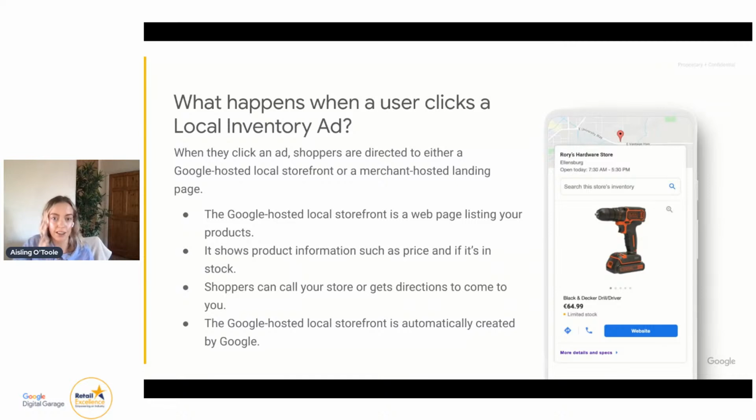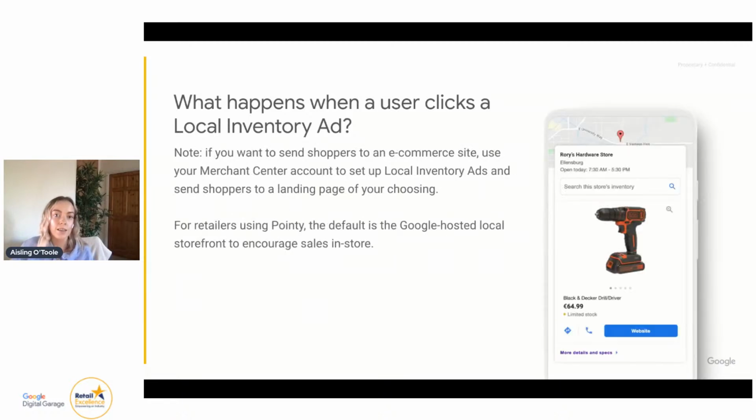The Google-hosted local storefront is automatically created for you, and it shows product information such as price and whether it's in stock, and shoppers can call your store or get directions to come in and complete the purchase. Just a note here: if you do want to send shoppers to an e-commerce site as a merchant-hosted local storefront, please use your Merchant Center account to set up the local inventory ads when they launch fully. You can then send shoppers to a landing page of your choice that way.